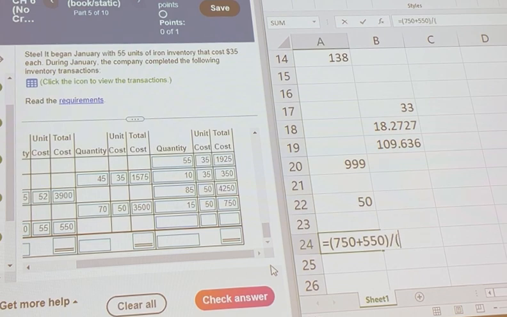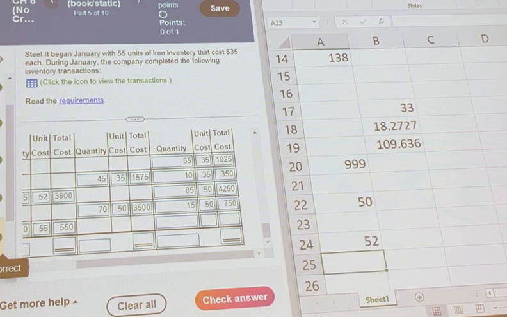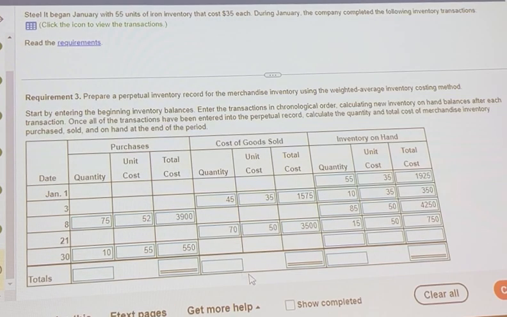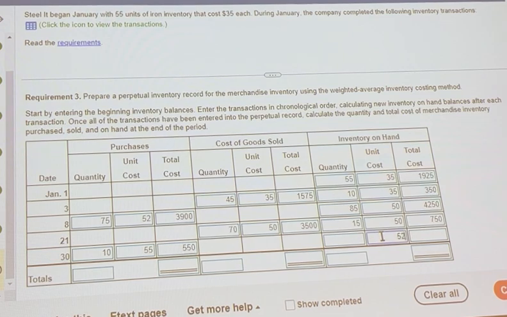And we divide that by the 15 units we had in inventory plus the 10 units that we just purchased. So our new weighted average cost is $52. And so now we fill that in here as our unit cost.